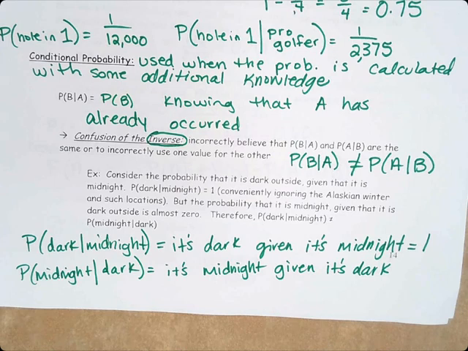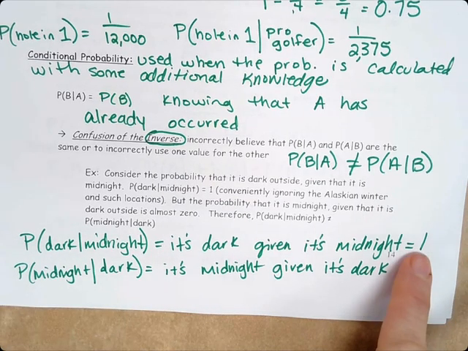It's like 1 out of how many hours is that? How many minutes is that? How many seconds? 11 hours. Well, it'd be 11 times the 60 because we're talking about midnight on the dot. So it's a much smaller probability than this certain one.